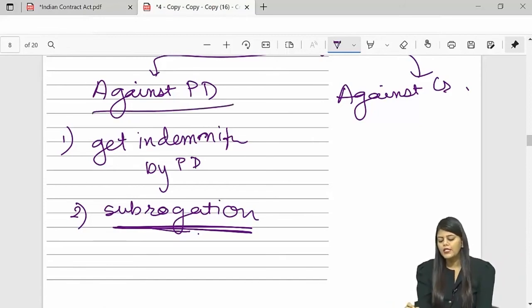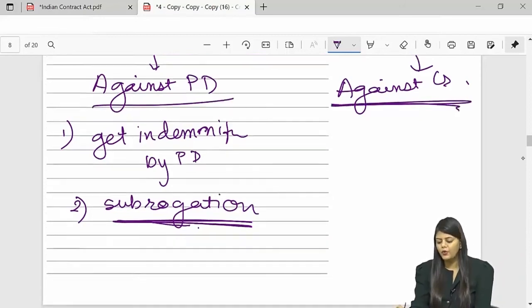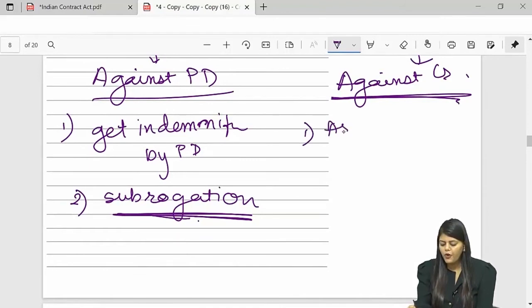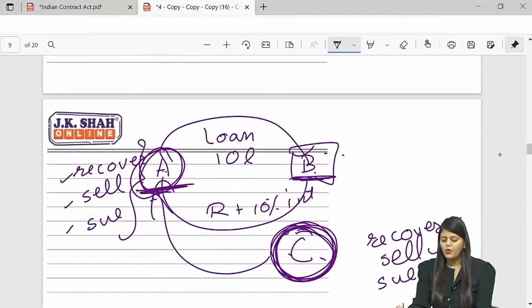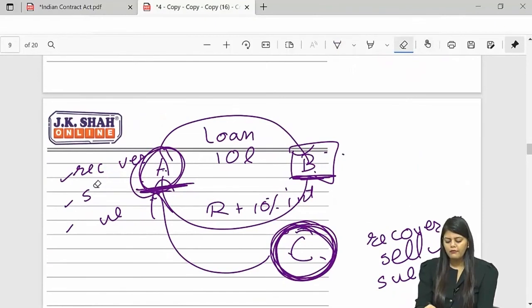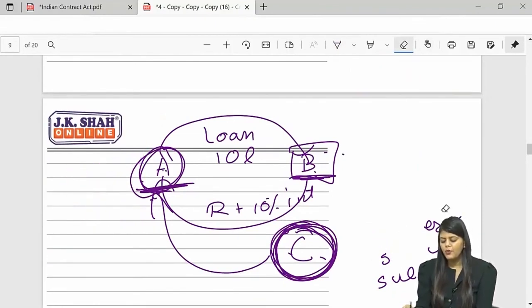Then against the creditor, what can he do? He can ask for the principal debtor's securities, if any. Now same example, A is very scared. So A tells B, I don't trust you that you will repay. So you better get me a surety.